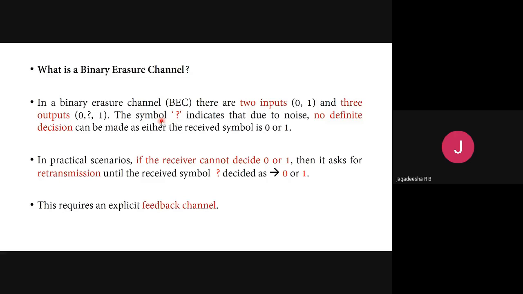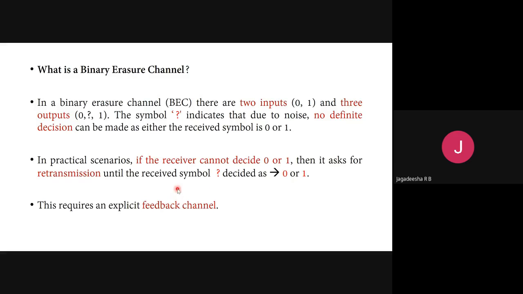Then the transmitter will retransmit using its main channel. Then the receiver will feed back: okay, I understood, it was 1, right? Okay, yes.